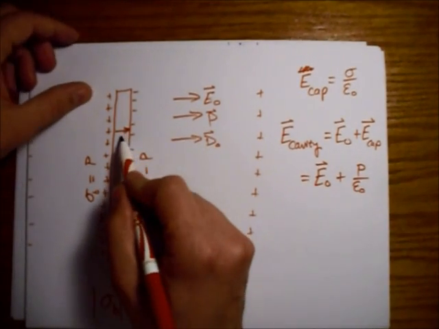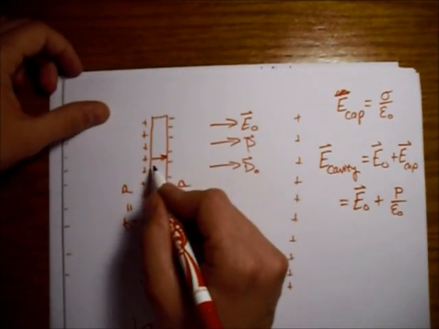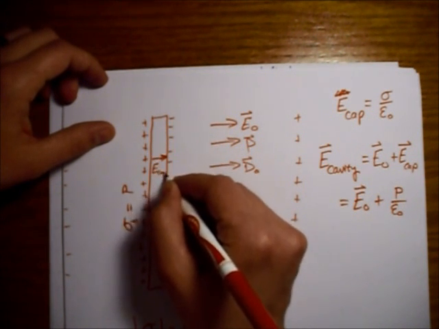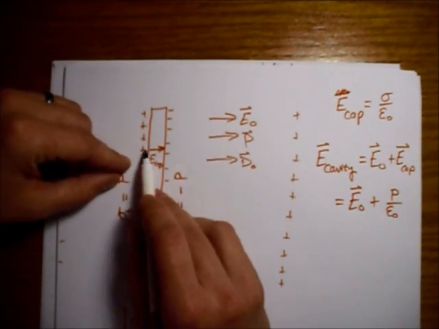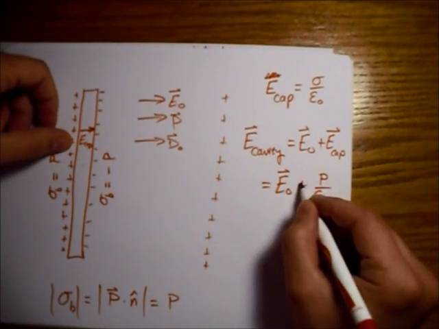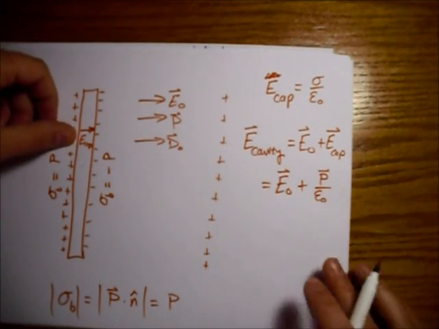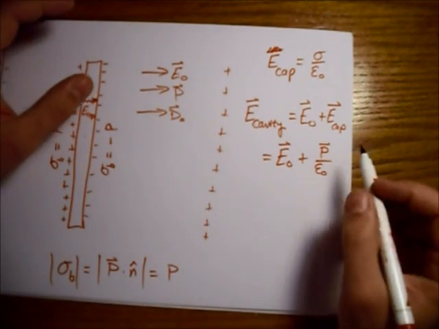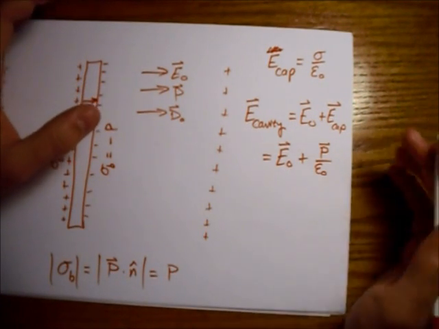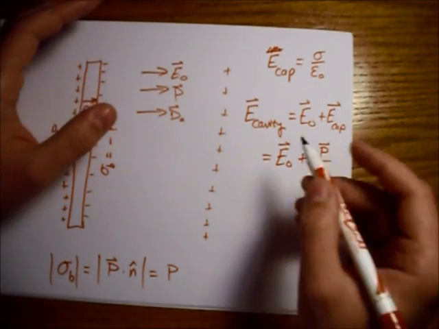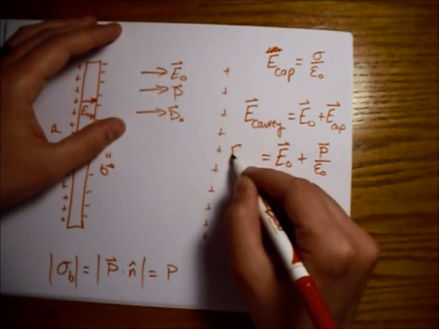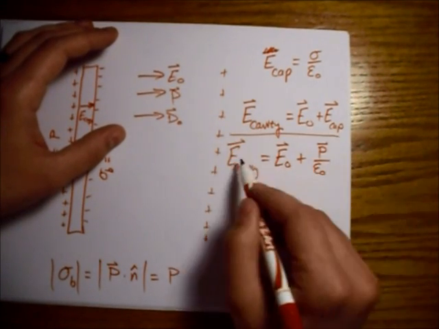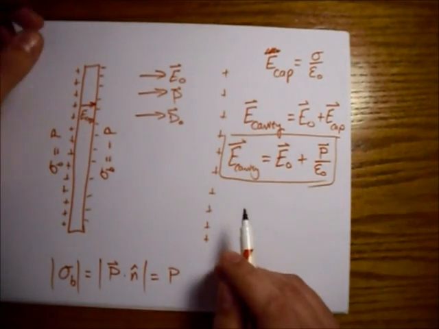Just like we already talked about, it is. So here's our E cap. It's in the same direction, so this is a plus sign, and we can go ahead and make that a vector. So this is the electric field of the cavity.